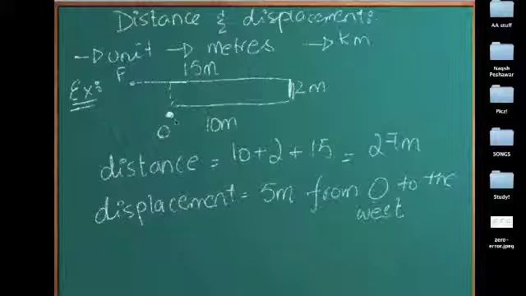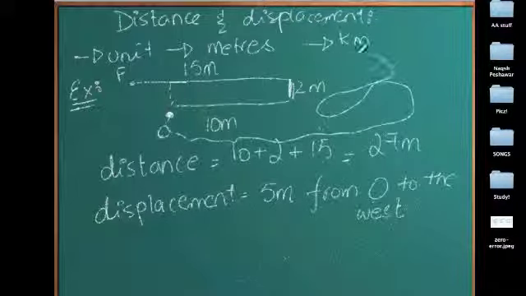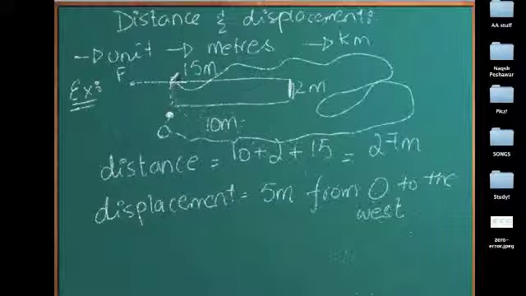So even if I take a different route like this and reach this point here, and I ask you the displacement, it will again be 5 meters from O to the west. The entire path would not be of importance, only the direction and magnitude of the final position from the original position. However, if I ask you about the distance, you will have to add all of this distance together.